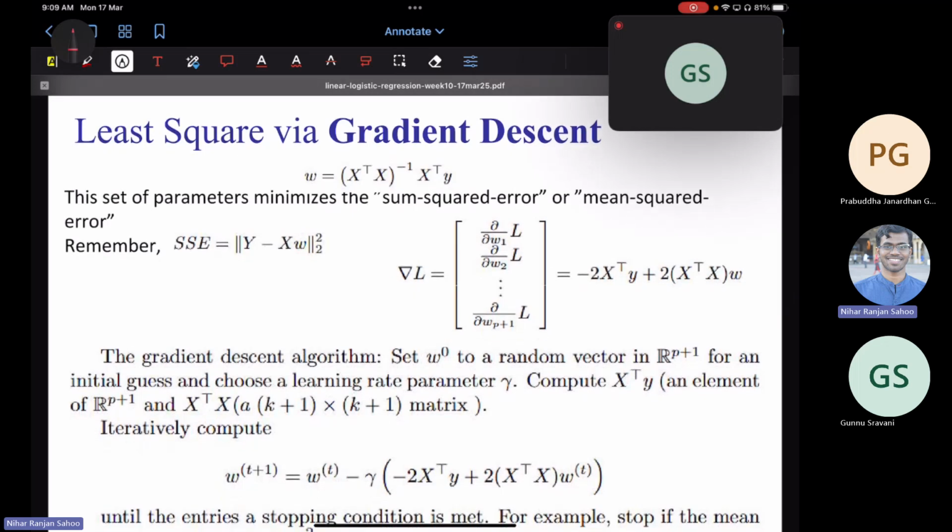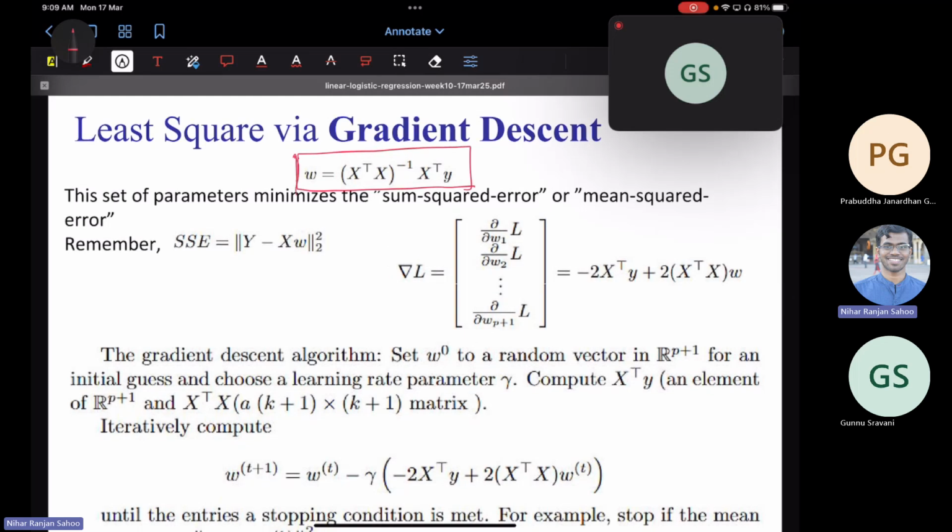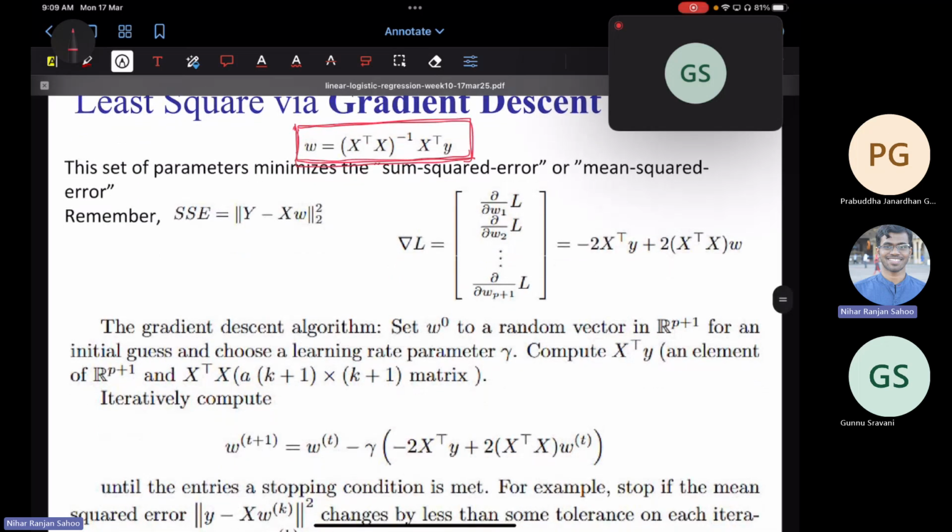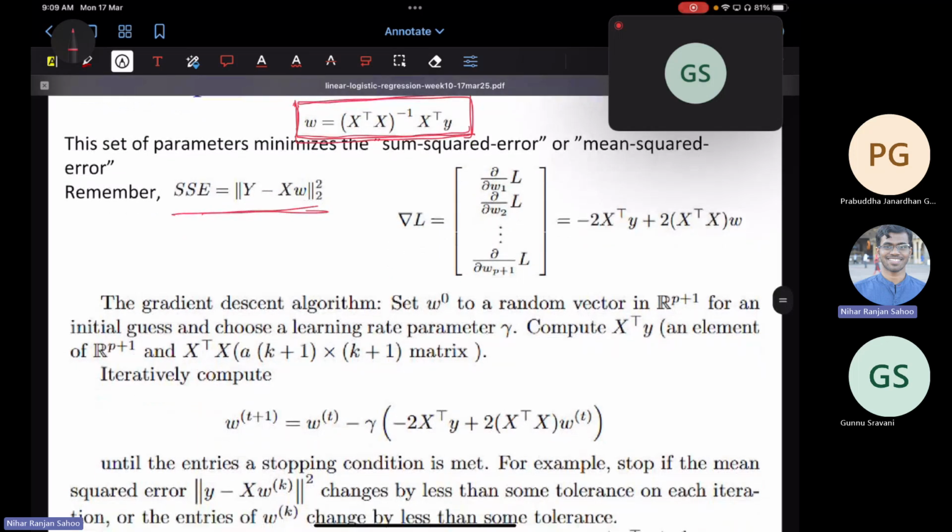So this is our W, the W we found using the closed form solution. This is the parameter we would try to achieve using gradient descent also. What was our sum squared error? Sum squared error was the square of the second norm of y minus x w.